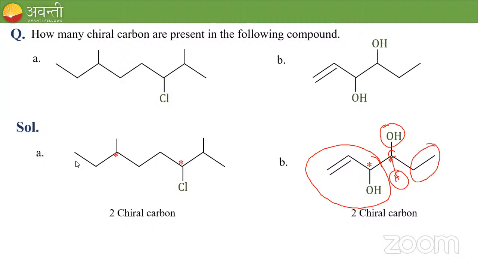Why did Farnas and Suhra give 3 as the answer? You guys thought that this center is also a chiral center or what? It is not a chiral center, okay?